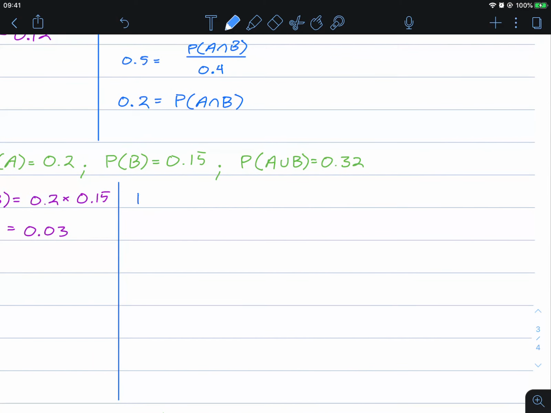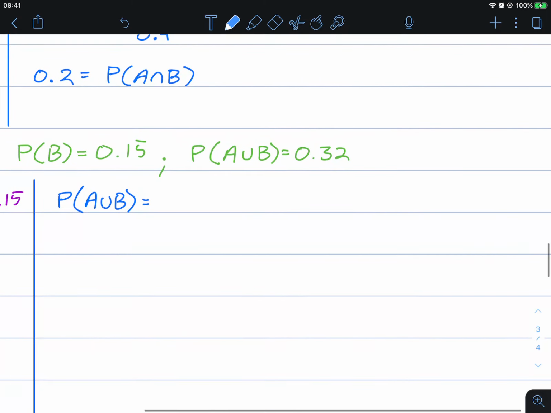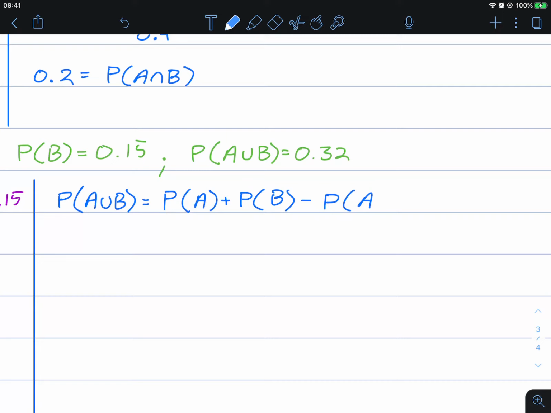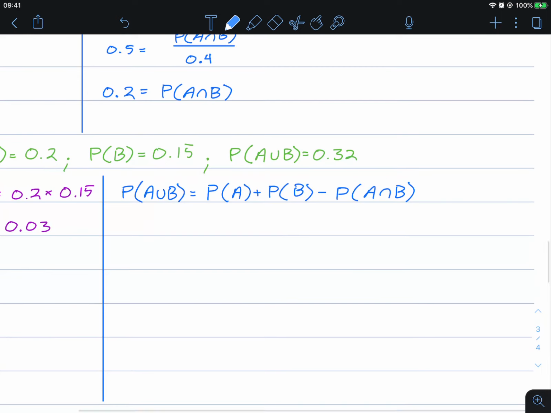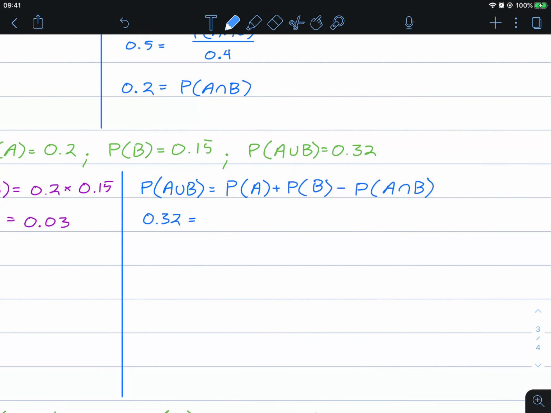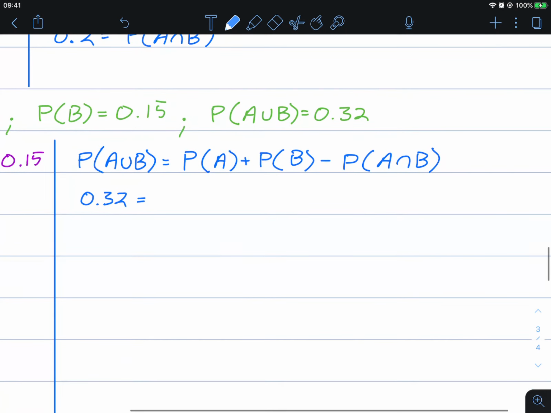Using the sum rule, A union B, I'll just write it again. You can scroll up or look through your book to find this. The probability of A plus the probability of B minus the probability of A intersect B. Substituting what we have, A union B is 0.32, which is equal to the probability of A, 0.2, plus the probability of B, 0.15.